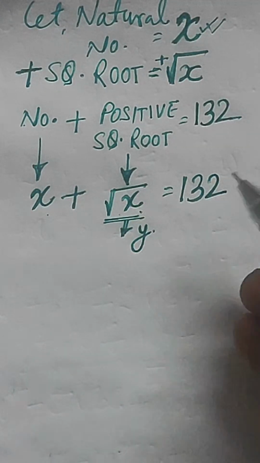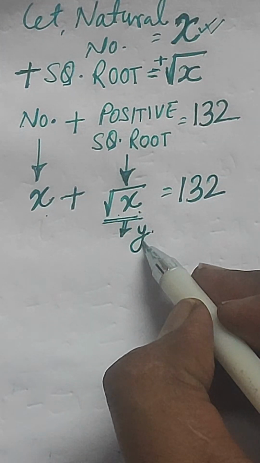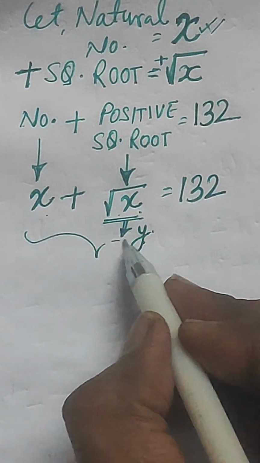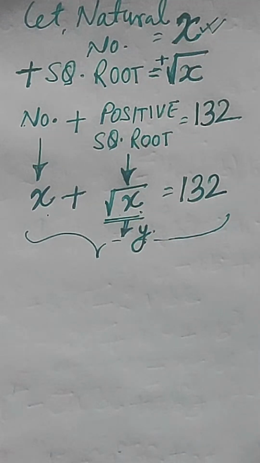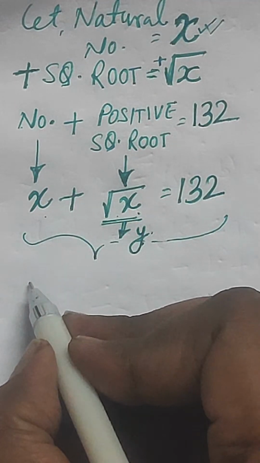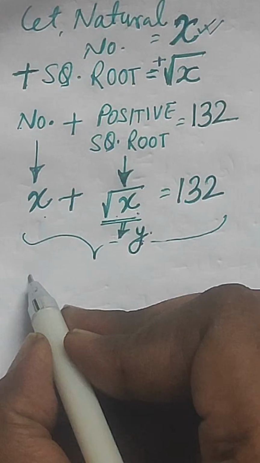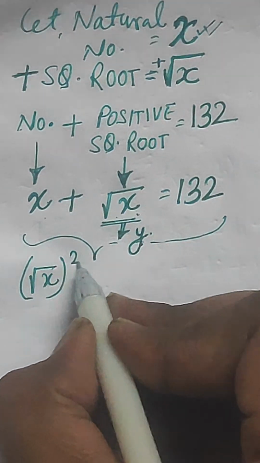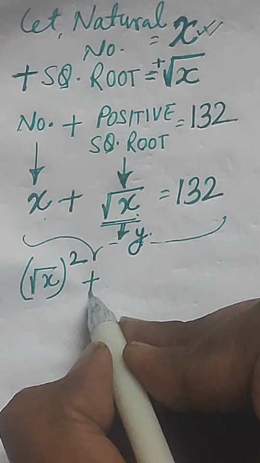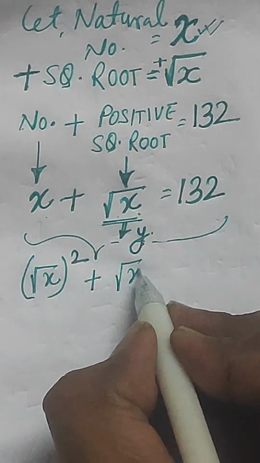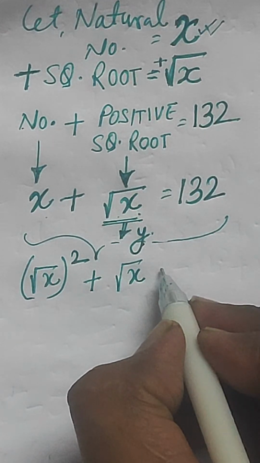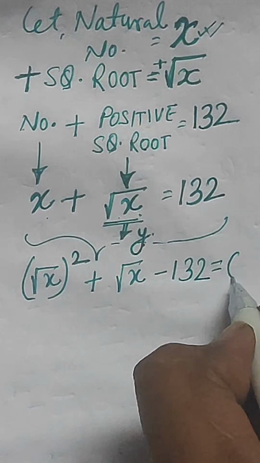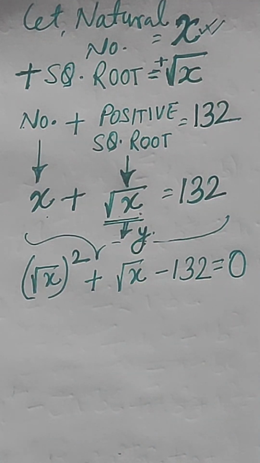If this is assumed as y, then we can write the above equation as root x whole square plus root x minus 132 is equal to 0.